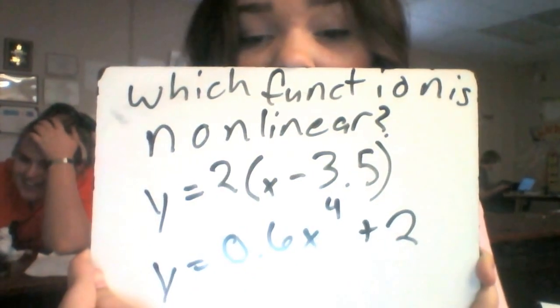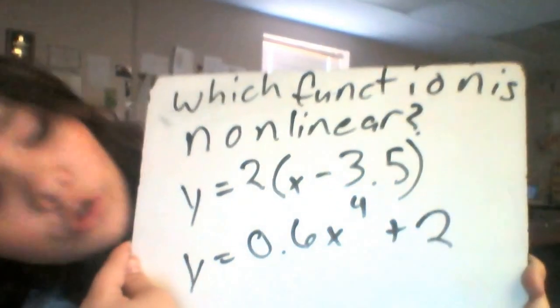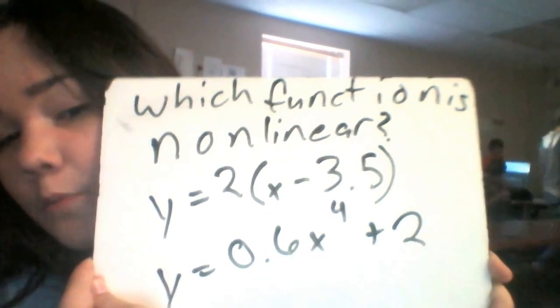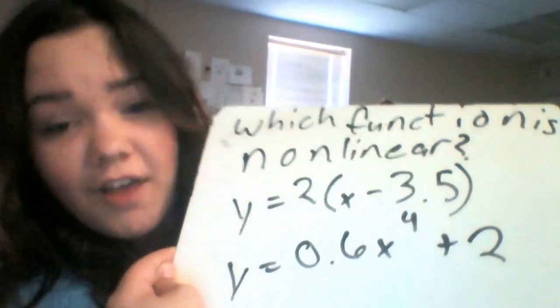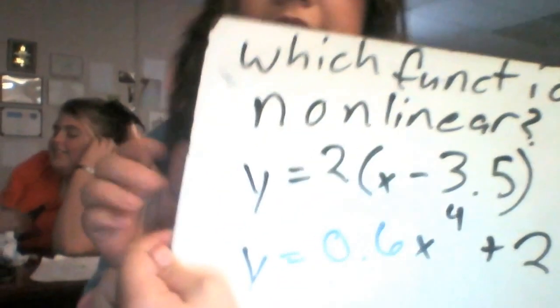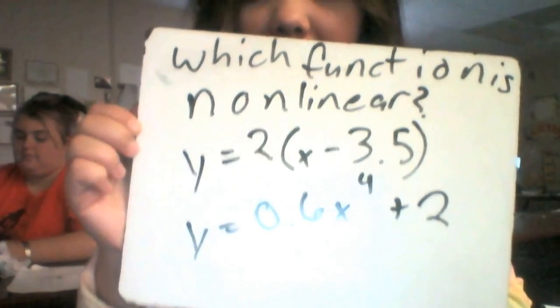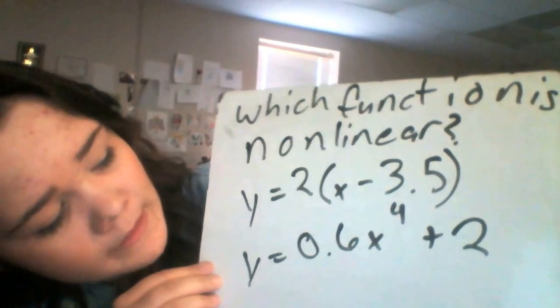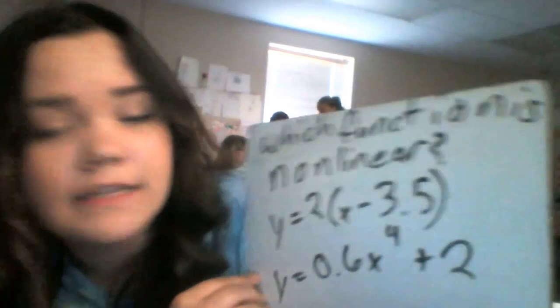So which function, again, is nonlinear? We have y equals 2 times parentheses x minus 3.5, and the next one is y equals 0.6x to the fourth power plus 2.